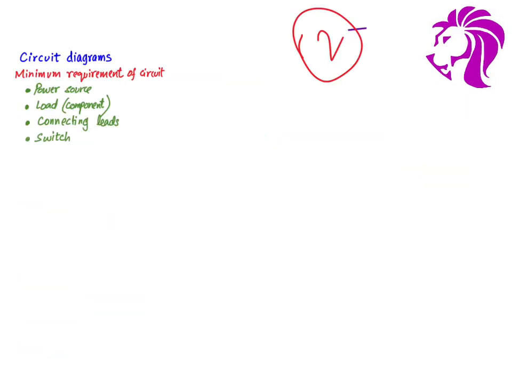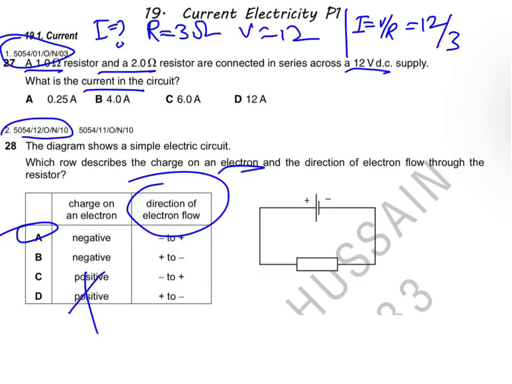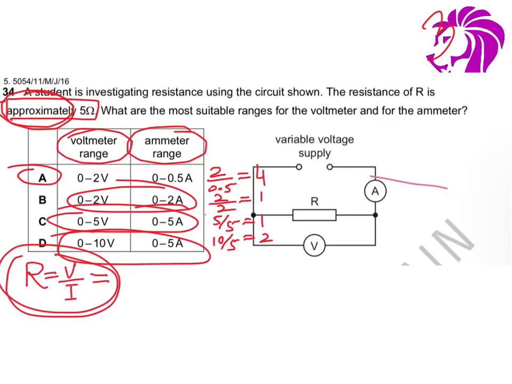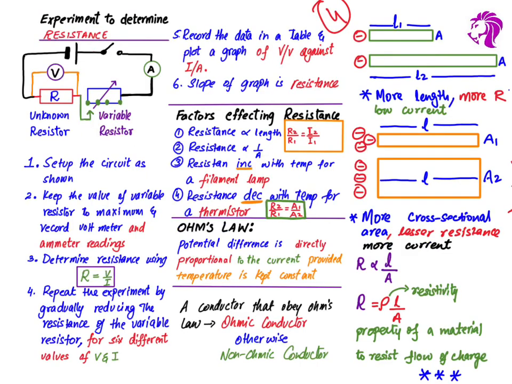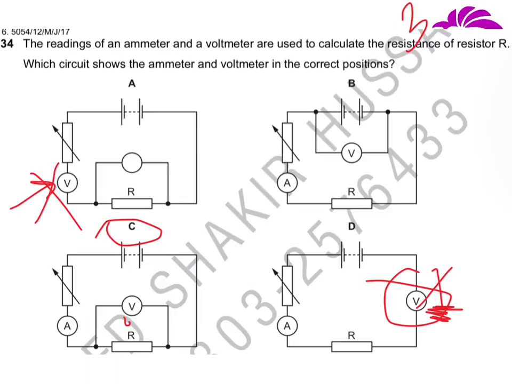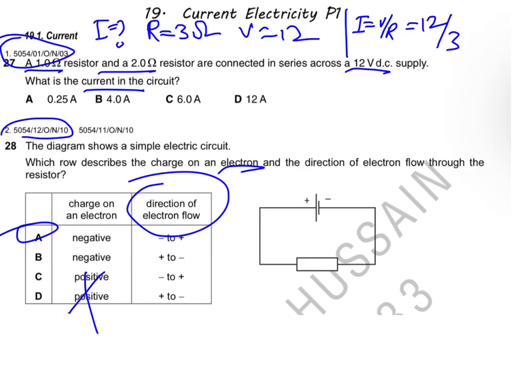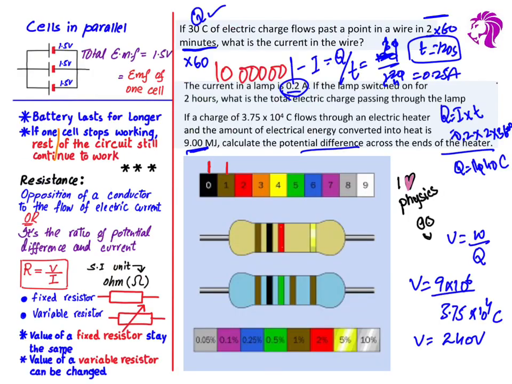And the next thing up is an experiment to determine the resistance. So we'll do an experiment in which we can find the resistance of an unknown resistor. But before we move on, we need to do resistor coding. In our syllabus, we are only concerned about the first 3 bands.